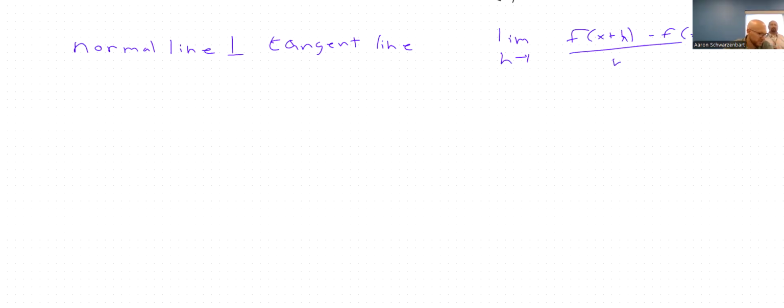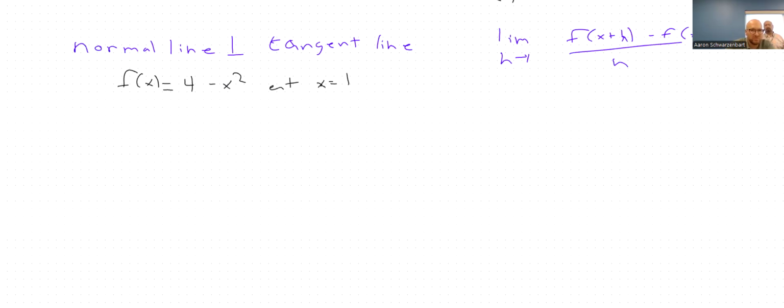So the question is, write the equation for the normal line of f of x equals 4 minus x squared at x equals 1.